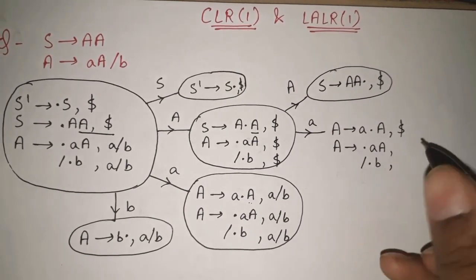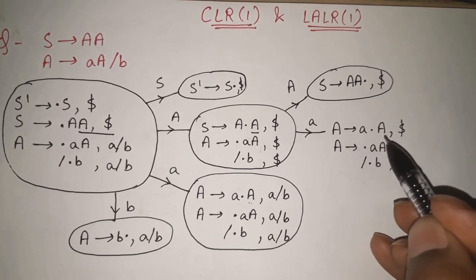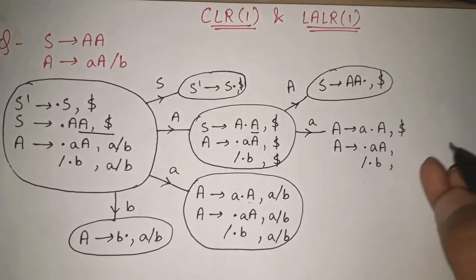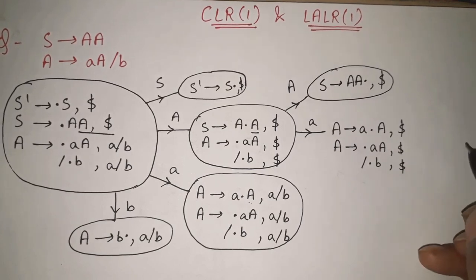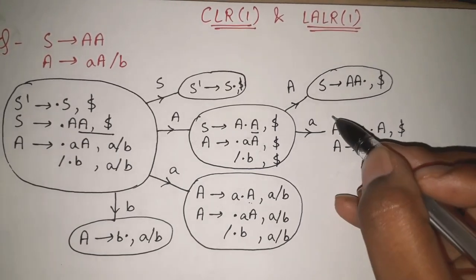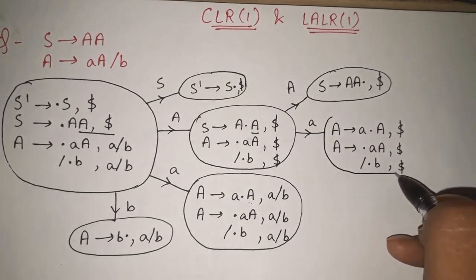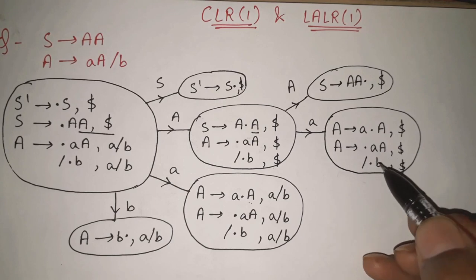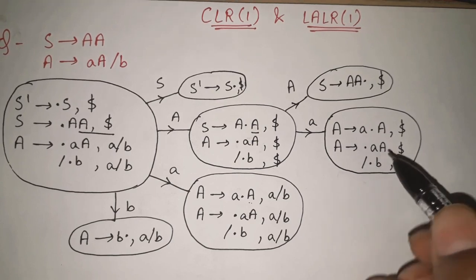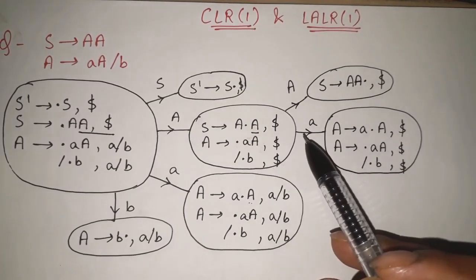Now what will be the lookahead? I have written this production due to this A, and after this A I am having only dollar, and the first of dollar is dollar itself, so it will be dollar. Fine. So this is my next state. This state is also completed because after the dot I am having only terminals. So A is done.